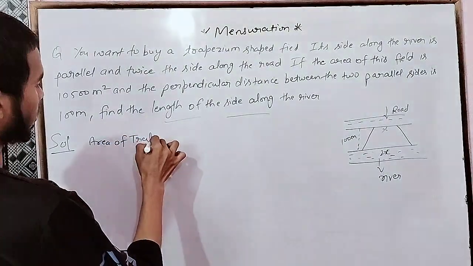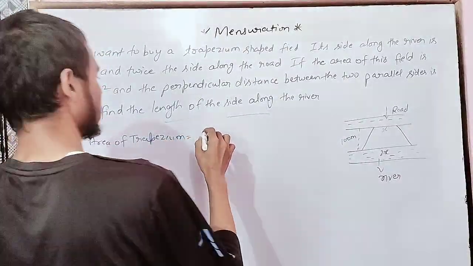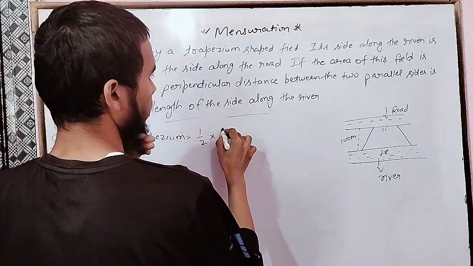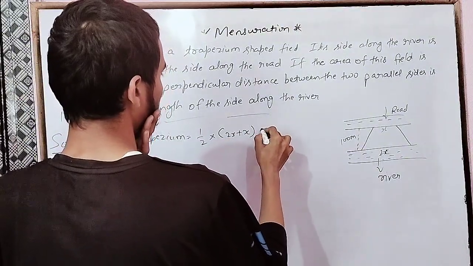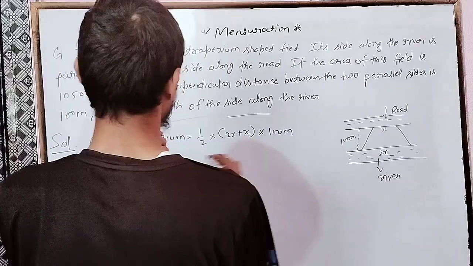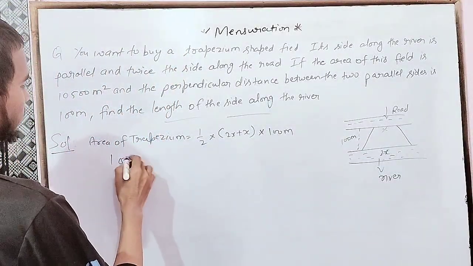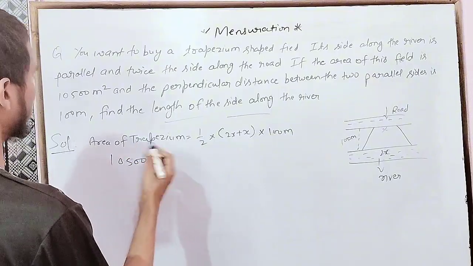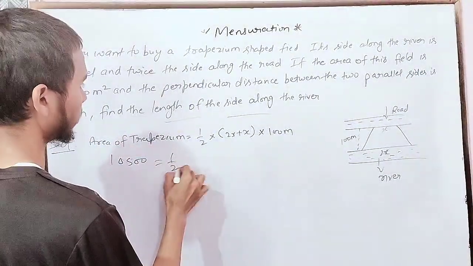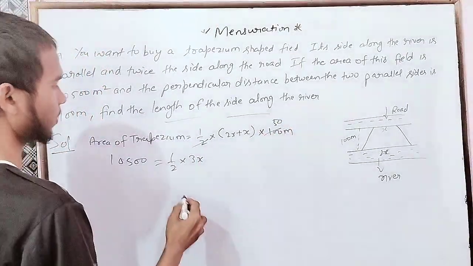Area of a trapezium is 1 by 2 multiplied by (2x plus x), multiplied by 100 meters. We are given the area of the trapezium, which is 10,500 square meters. The 1 upon 2 and 100 give 50.